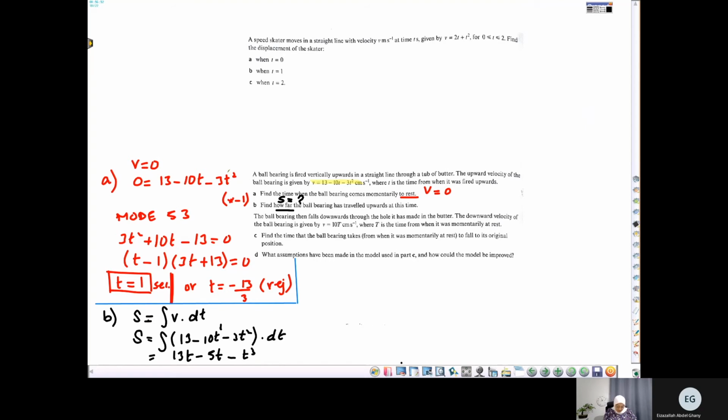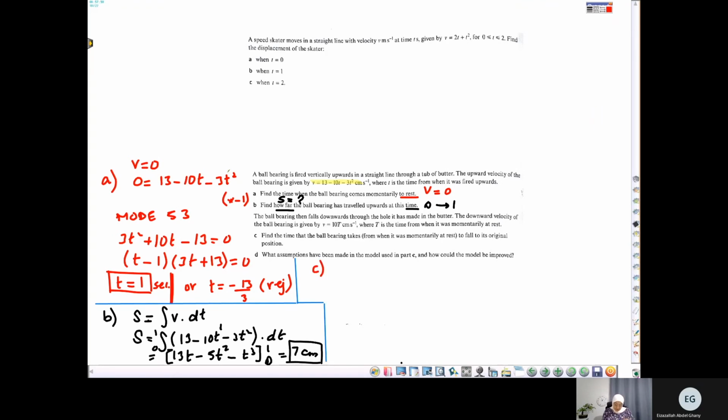Then you have to substitute for the limits from 0 to 1, because he said at this time, it means from 0 to 1. So after substitution and subtraction, you will get the answer, which will be 7 centimeters. I'm just saving time. Everyone knows about substitution and subtraction. You have to show all your working to gain the mark.